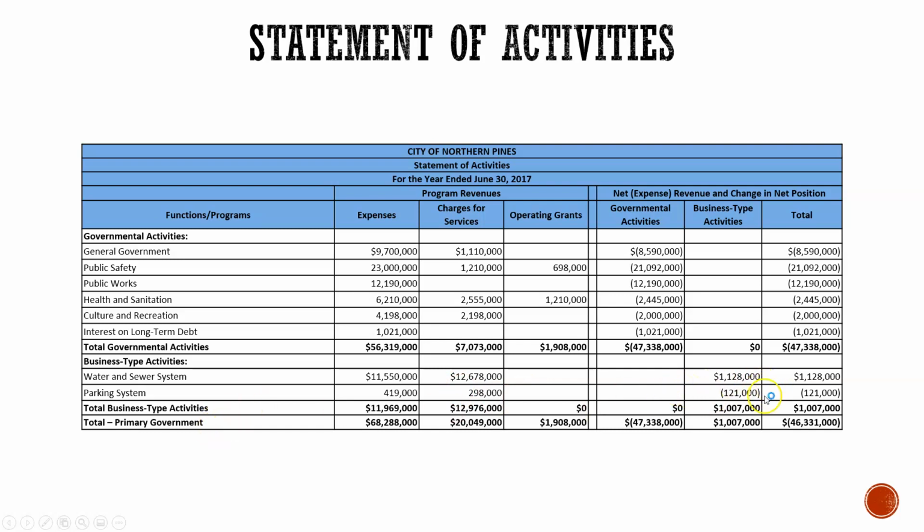So what we actually end up with is a net positive number for our total business type activities, giving us a negative $46,331,000 for these governmental and business type activity costs. So you can check your work here and make sure that you've got that top half correct.